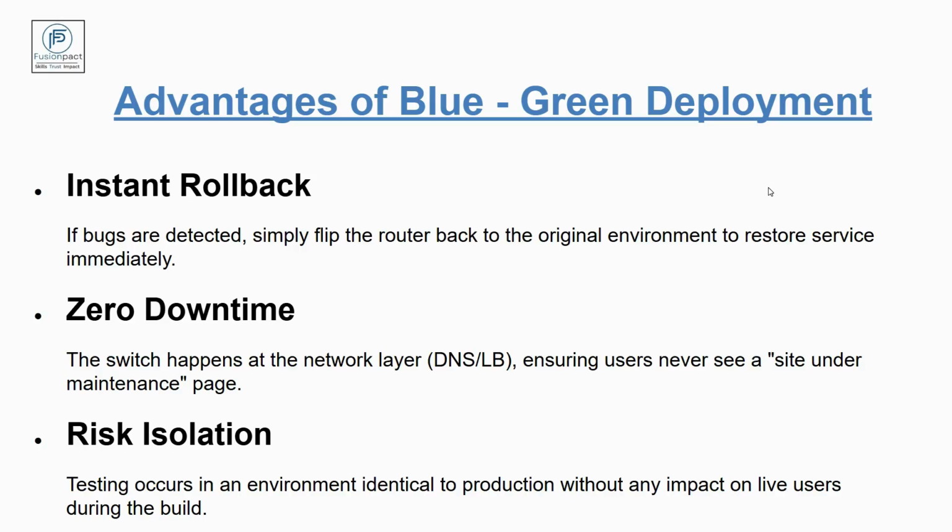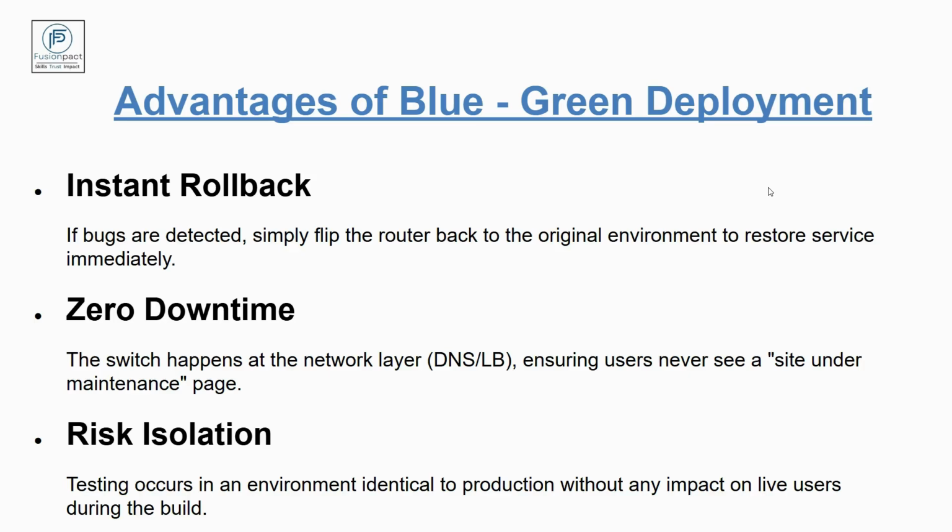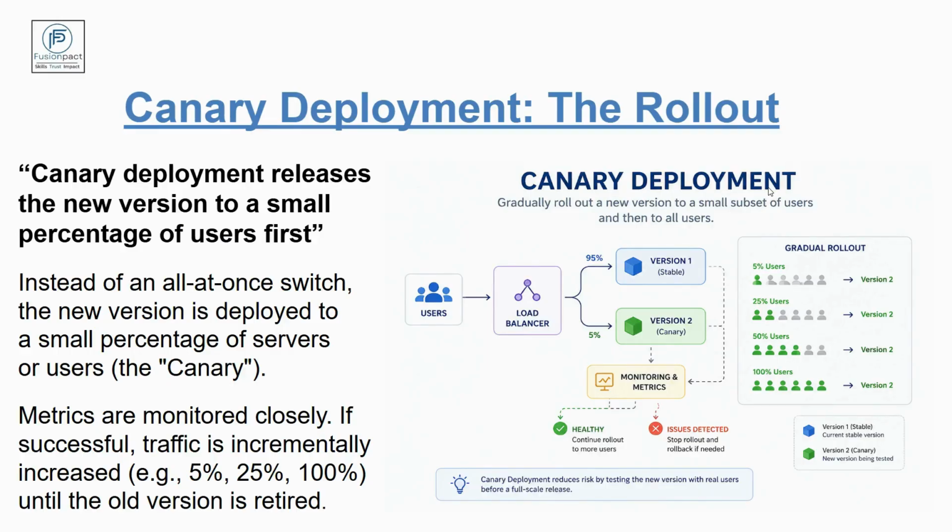Then there is zero downtime: the switch happens at the network layer, like DNS and load balancer, which ensures users never notice any interruption in our running website. And there is risk isolation: the new version is tested in a production-like environment without affecting real users.